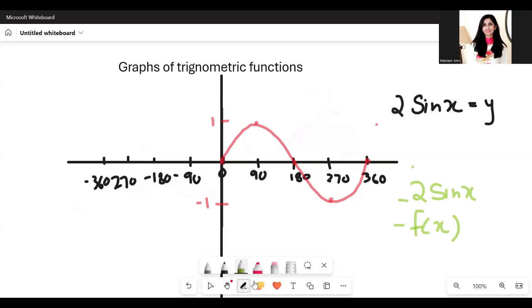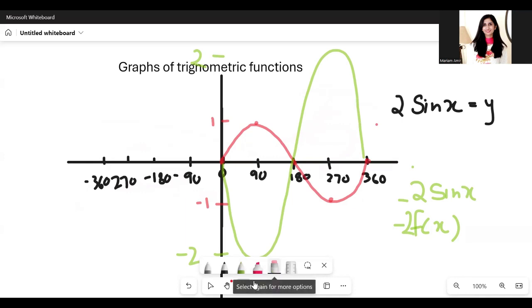So it's going to reflect in the x-axis like this. But if it is -2f(x), then not only will it reflect, but it will double as well. So it will stretch parallel to the y-axis with scale factor 2. This would be 2. This will be -2. And also it will reflect in the x-axis.